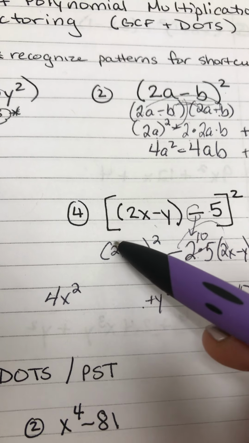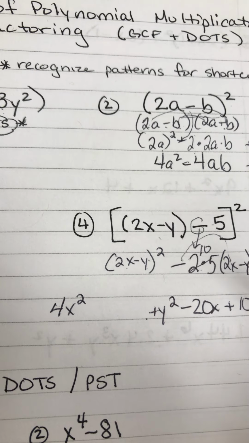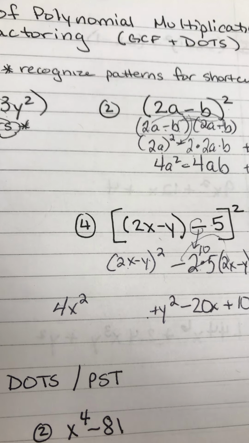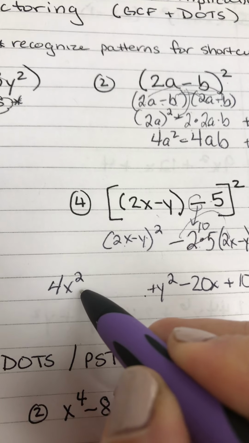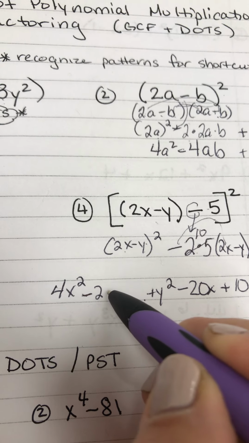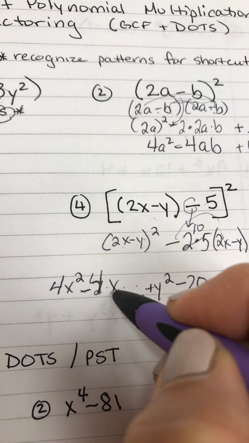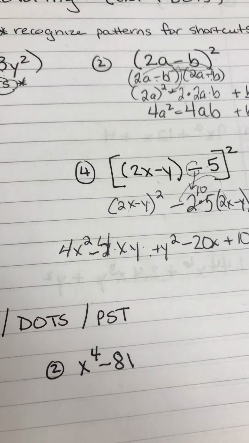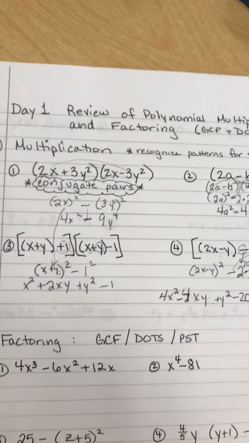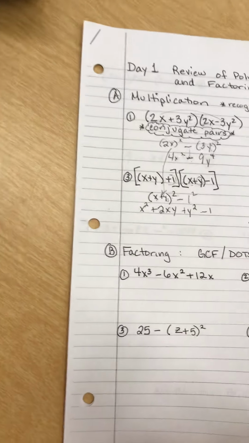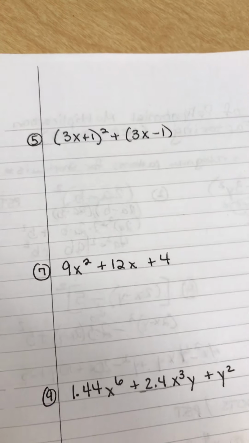Then you get this product, a negative 2xy, but you're going to have 2 of them. So negative 2 times 2xy, which would become a negative 4xy. That's what goes in there.